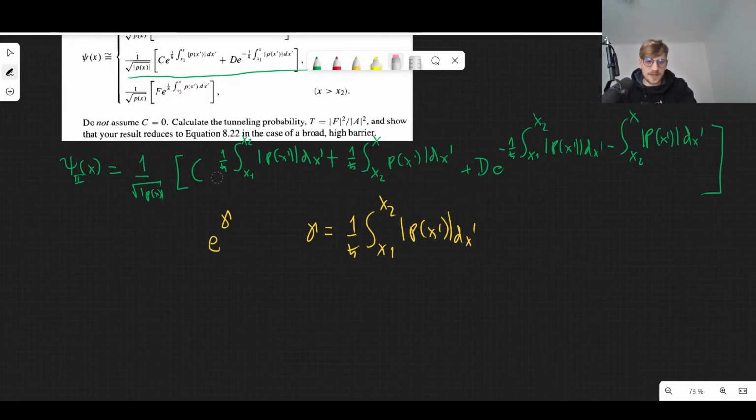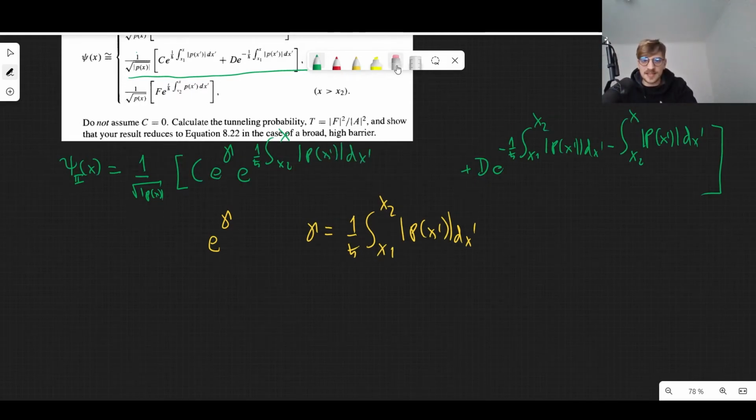So let's rewrite this thing here. This is C e to the gamma plus this thing. I'm just going to rewrite it so it's not that far away. So that is integral from x, what was it? Okay, I already forgot. I'm sorry. From x2, okay, so 1 over h. Okay, let's do it like this. So e to the gamma, e to the 1 over h bar, integral from x2 to x, and then the absolute value of the momentum.